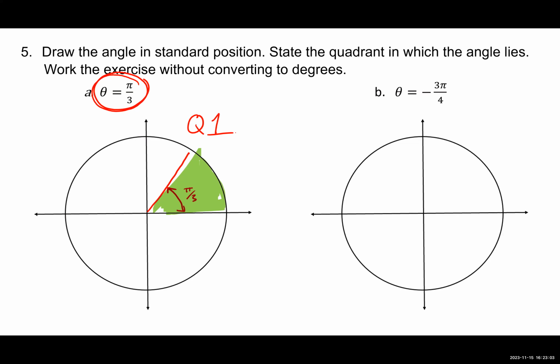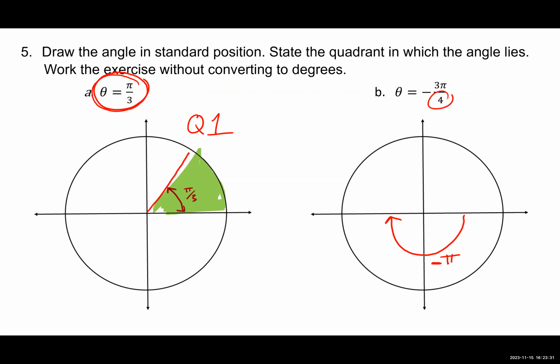The second one, theta equals -3 pi over 4. Well, negative pi looks like this. Pi is a half circle, so negative pi is a half circle in the negative direction. So that's negative pi.